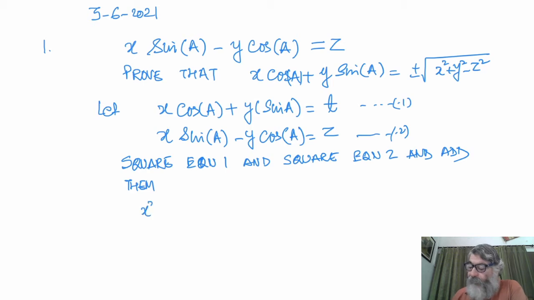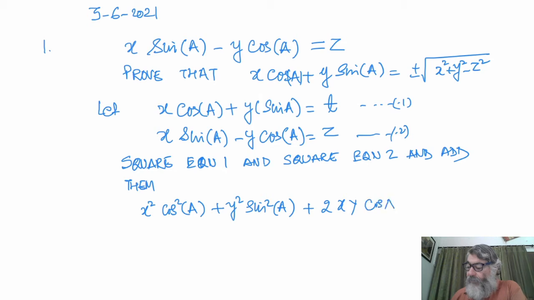I'll get x square cos square A plus y square sin square A plus 2xy cos A sin A equal to t square when we squared the first equation.